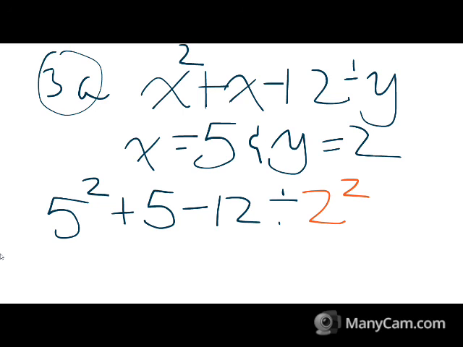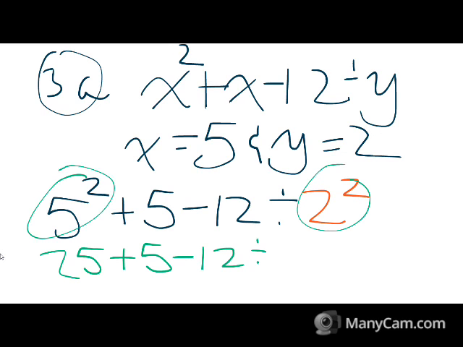Do we see any parentheses? No. But we see exponents. 5 squared is 25. And we're going to leave that. And we see another exponent. 2 squared is 4. And so now, do we see any multiplication? No. Do we see any division? Yes. 12 divided by 4.